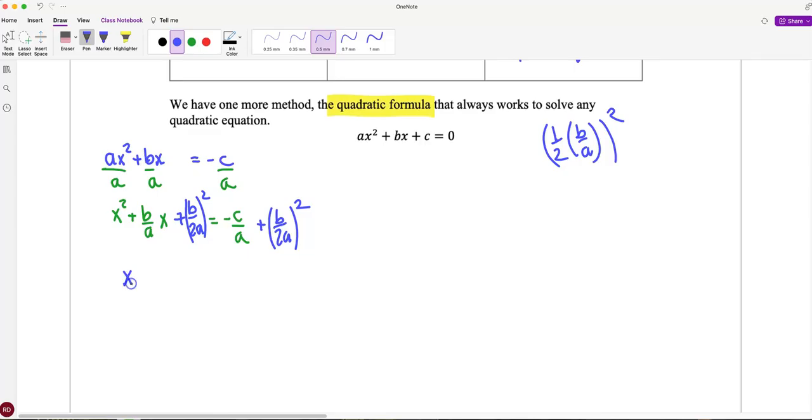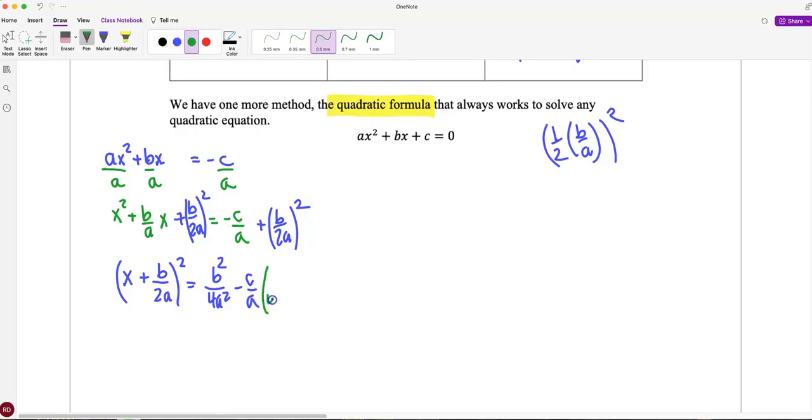So I end up with x plus b over 2a squared equals b over 2a squared, let's just go ahead and square that. That's b squared over 4a squared minus c over a. Now let's work with this. I need a common denominator here.